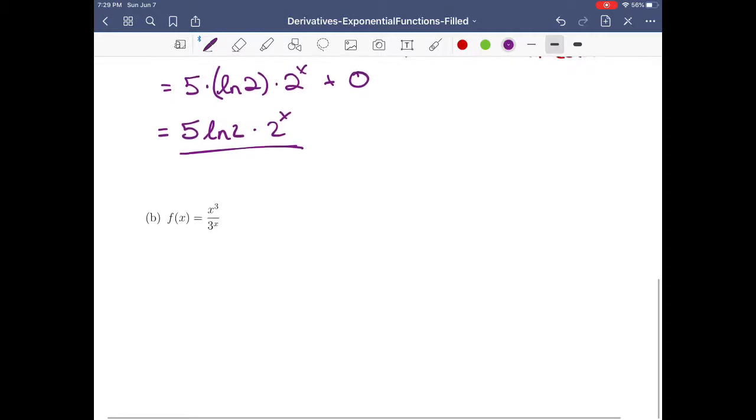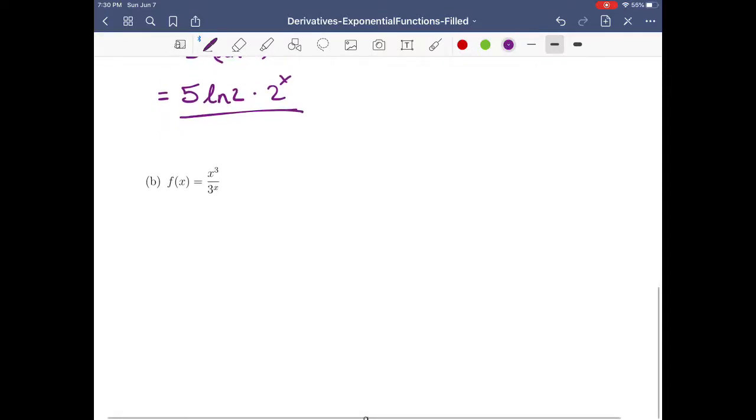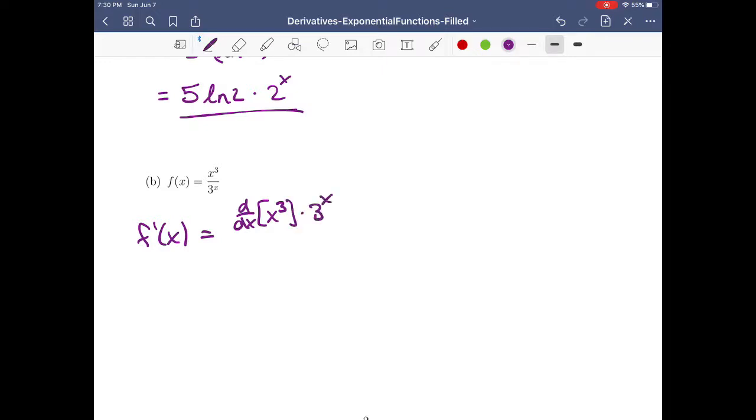Okay, what about this one? So f of x is x cubed divided by 3 to the x. So we can use the quotient rule. So f prime of x is the derivative of x cubed times 3 to the x, minus the derivative of 3 to the x times x cubed, all over 3 to the x squared.